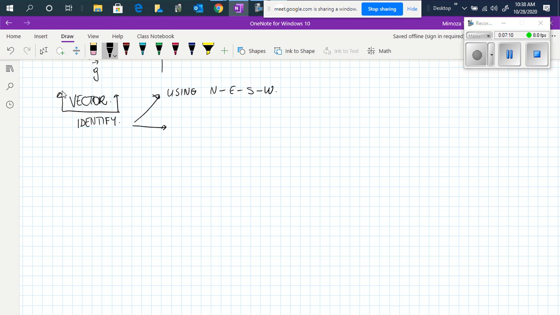The next one is using bearing, which is in relation to the north axis. And the third one is with the positive x-axis.